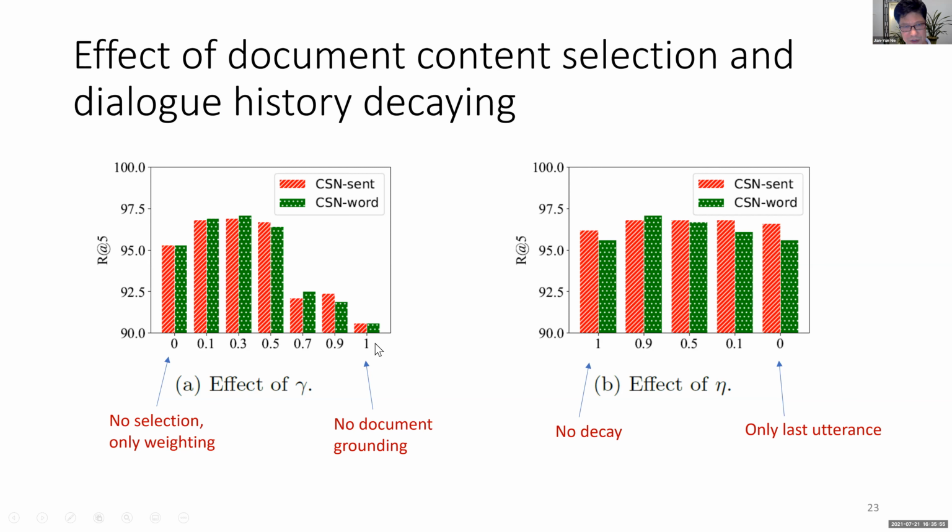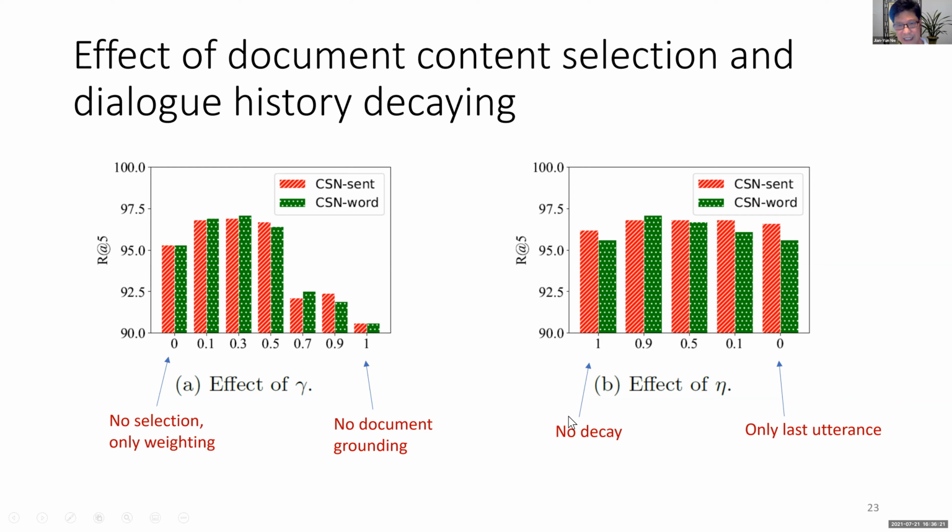And if the threshold is 1, that means basically no content from the document will be used. So this is a non-document-grounded dialogue. In both cases, we observe some drops compared to the best performance, where we do some hard selection. Okay, so this is the first observation.